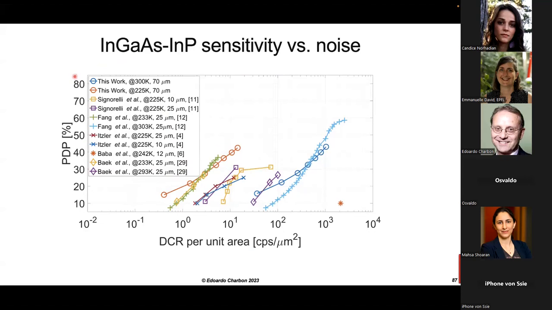You can see the PDP on the vertical axis and the DCR on the horizontal axis. This is at room temperature, and this is at cryogenic temperatures. By cryogenic temperatures, I mean 225 Kelvin. So you can see here that the PDP can be quite large, and the DCR is still very reasonable.